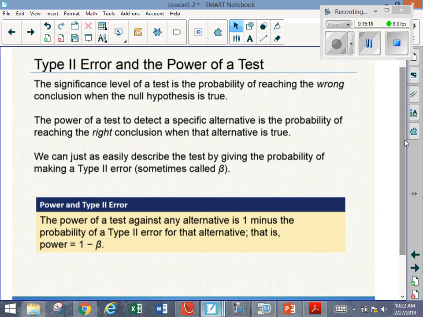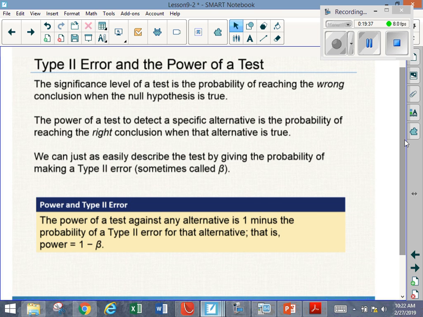So again, when you're doing a significance test, you really would love to reject the null hypothesis, right?